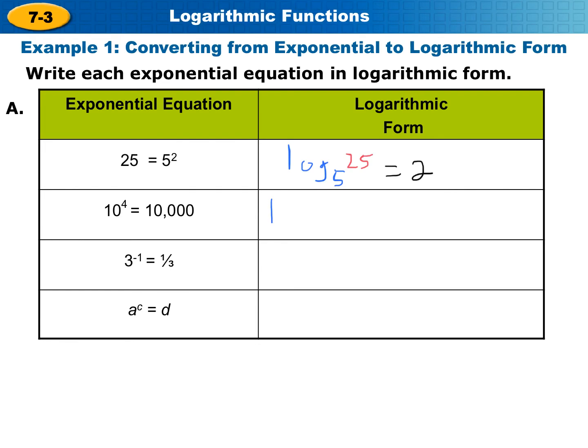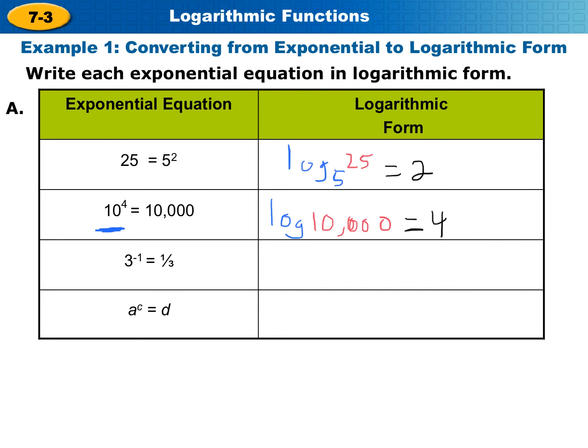Again, we have log, and the base is 10, and when we have a base 10, we're not going to actually write it. If you have a log and there's no base written, we assume it's 10. That's a commonly used log. The answer here is 10,000, and then the exponent is 4.